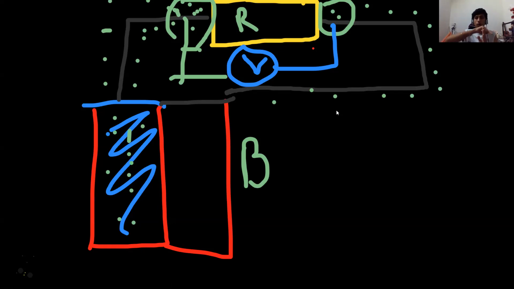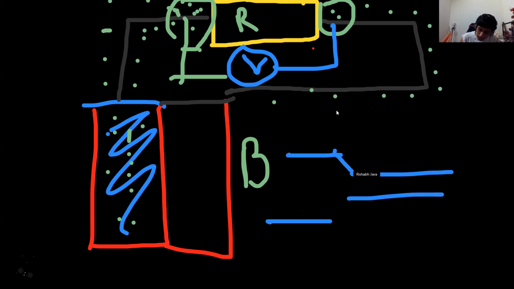Okay. So now, if I add a resistor in the circuit, think of this as a road. There's a thick road and then there's a thin road. There are a lot of cars coming in here and only one car can go in at a time. So it's going to lead to a sort of traffic jam on one side of the resistor.